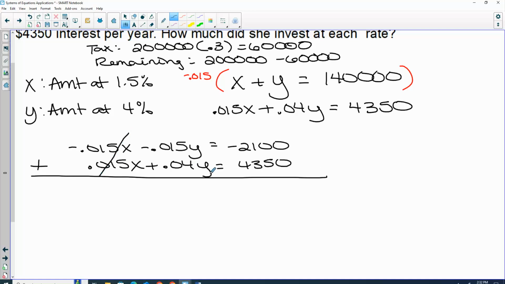Yeah, our x's cancel. Y is negative 0.015 plus 0.04, 0.025 equals 2250. 90,000.